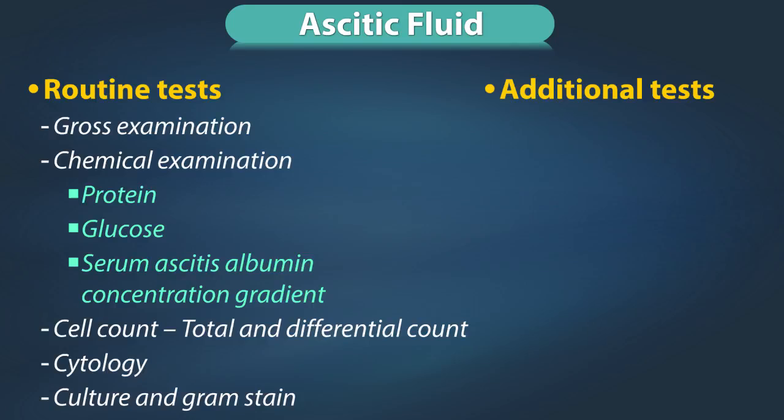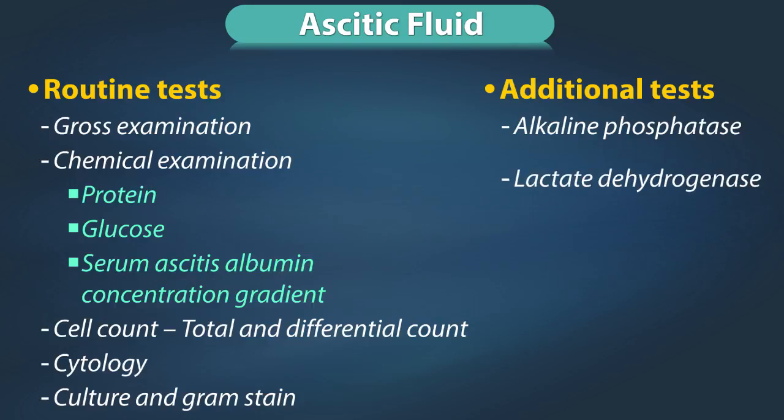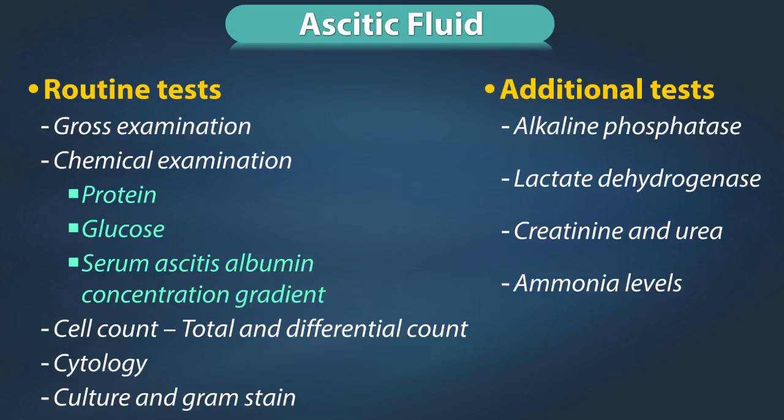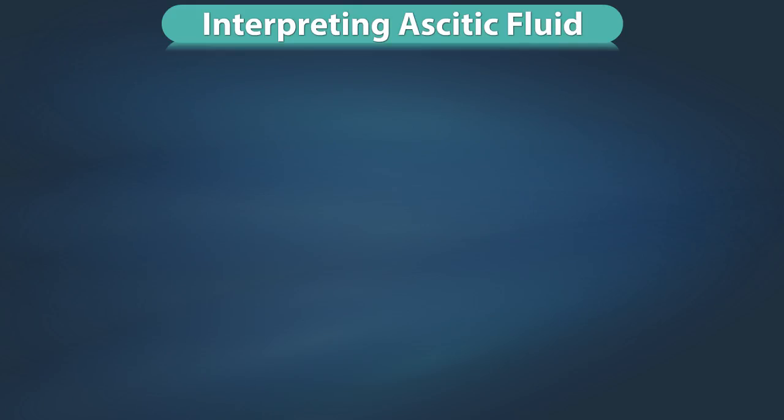The additional tests could be enzymes like alkaline phosphatase to check intestinal injuries, lactate dehydrogenase in patients with suspected malignant effusion, creatinine and urea to differentiate peritoneal fluid from urine, and ammonia levels in suspected cases of perforated peptic ulcer, ruptured appendix, or intestinal strangulation.